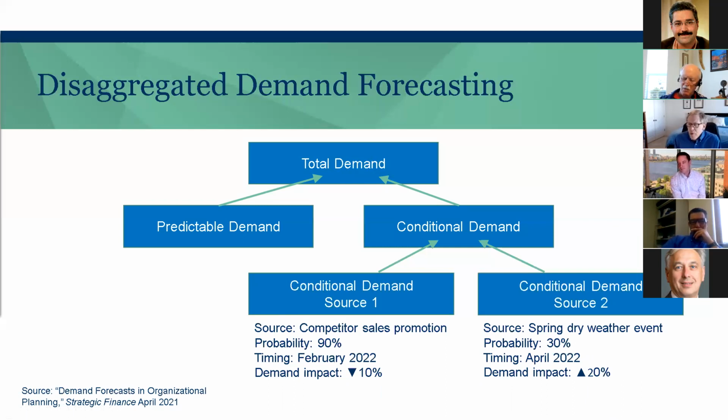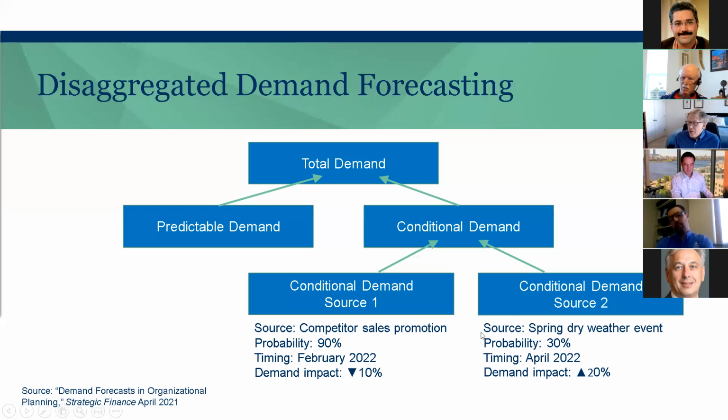We estimate the probability at 90%. We think it's going to happen in February 2022. And if that does happen, we foresee a drop in demand for our product by 10%. Well, if it's a high probability, that's something we might want to build into our demand forecast and even our planning for what we're going to produce.